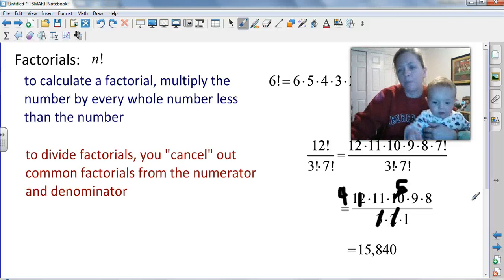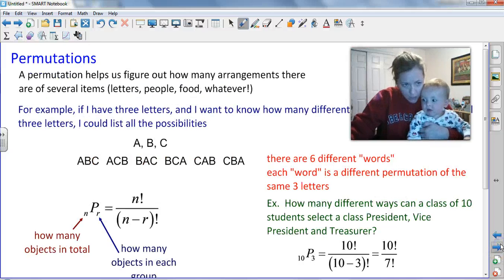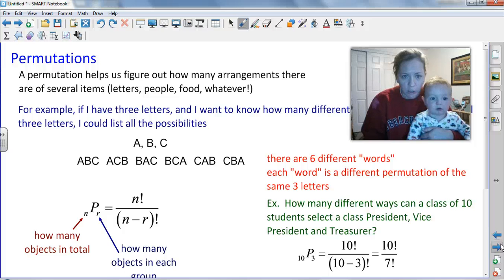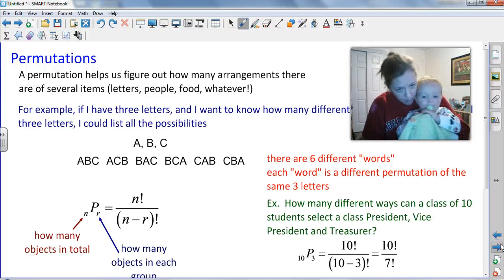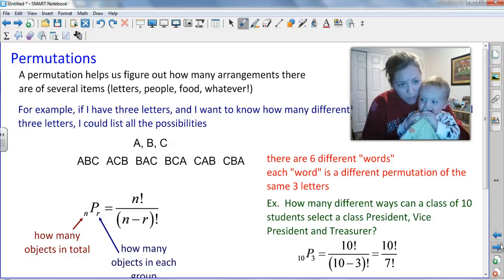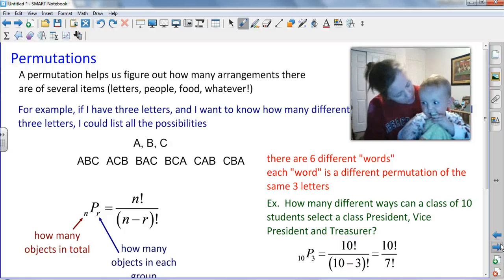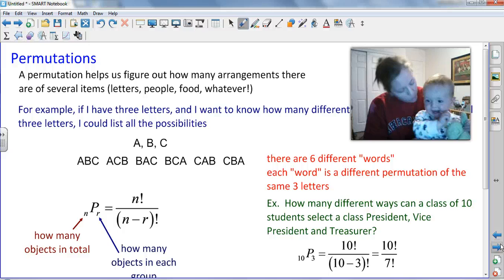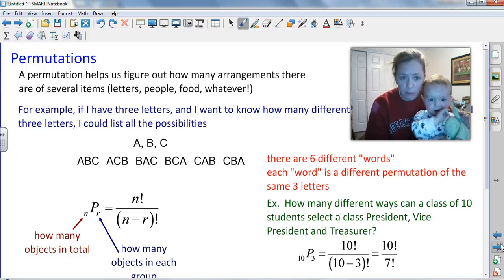Holy cow! So now let's talk about permutations. So remember, permutation helps us figure out how many arrangements there are of several items, like letters, or people, or food, whatever. So, for example, if I've got 3 letters, the first 3 letters you're going to learn, A, B, and C. And if I want to know how many different words I can make with those 3 letters, I could list all the possibilities.